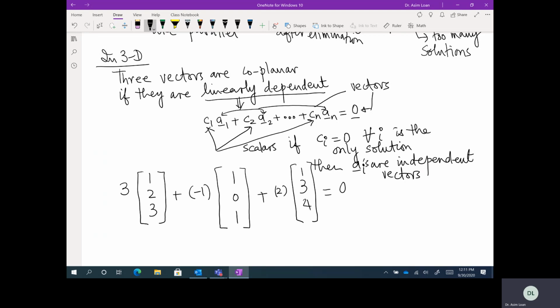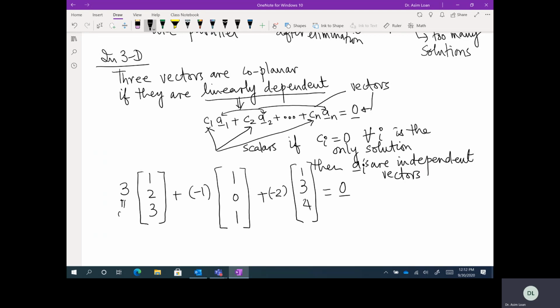This is equal to the 0 vector. So 3 minus 1 minus 2 is 0, 6 plus 0 minus 6 is equal to 0, 9 minus 1 minus 8 is equal to 0.